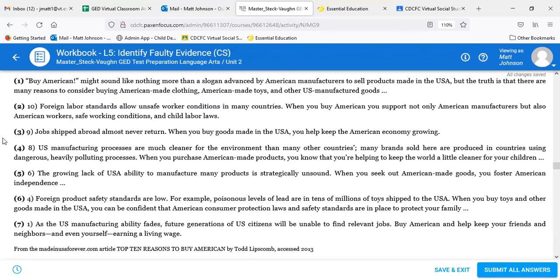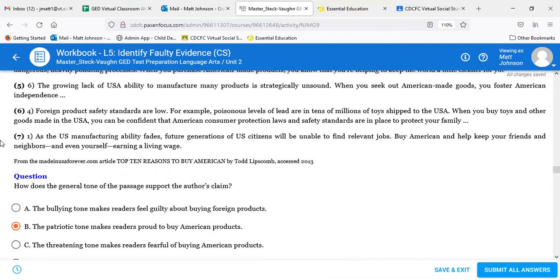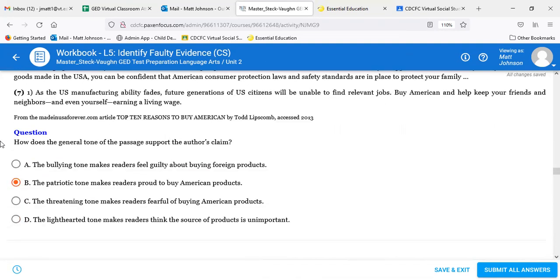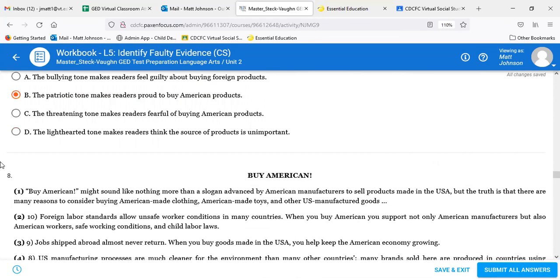Largely, the idea has a sense of support for our country and being patriotic. It doesn't really bully people. He's not threatening them, and A and C are sort of similar, right? Bullying and threatening, very similar tone. Lighthearted, he's not really joking or making any comments like that. So B for number 7.